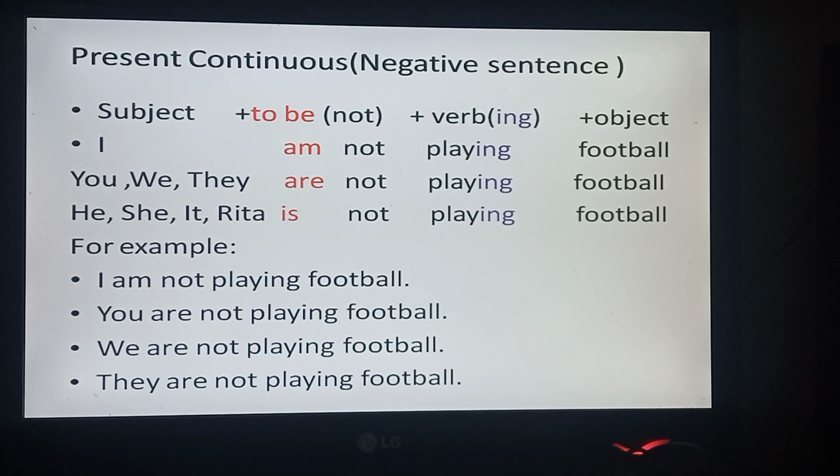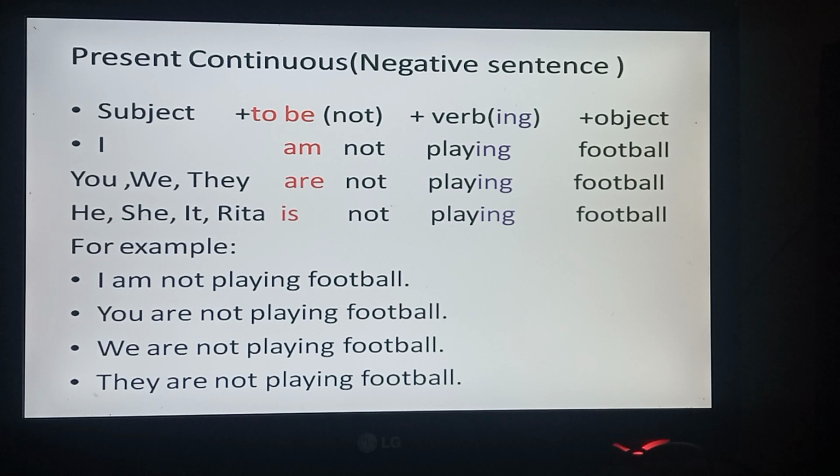He, she, it, Rita take is. When you, we, they come, it is in plural form, so you use the helping verb are: are not playing football. He, she, it, Rita are singular, so you use is not playing football.